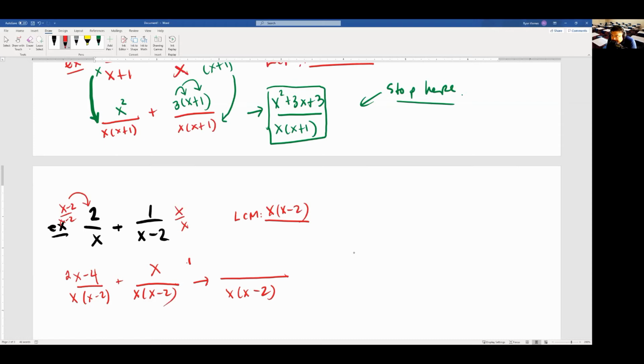I should cue the 3X minus 4. Oh, yes. 2X plus X gives me 3X. The negative 4 does not combine with nothing. And this is my final answer.